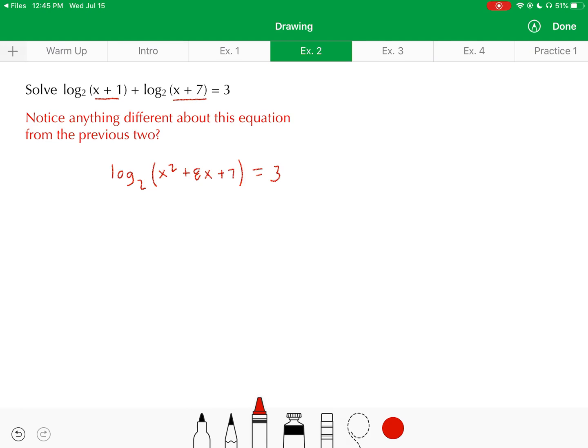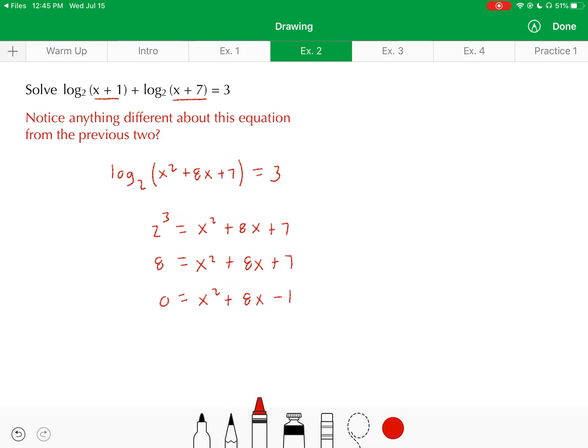So our approach this time should be moving to exponential form. This logarithm has an exponential form of 2 cubed equaling x squared plus 8x plus 7. So 8 is equal to x squared plus 8x plus 7, where 0 is equal to x squared plus 8x minus 1.